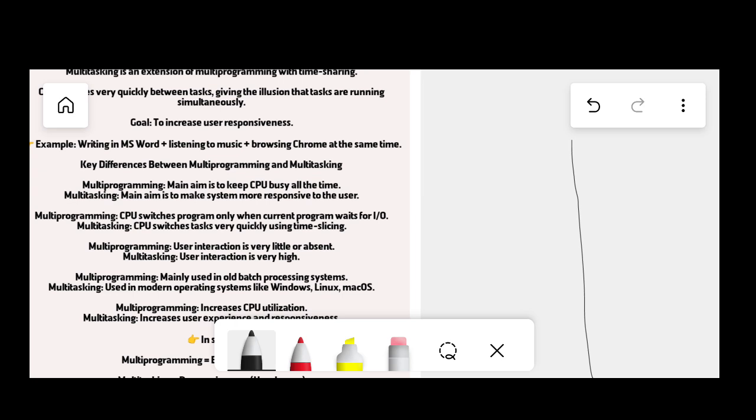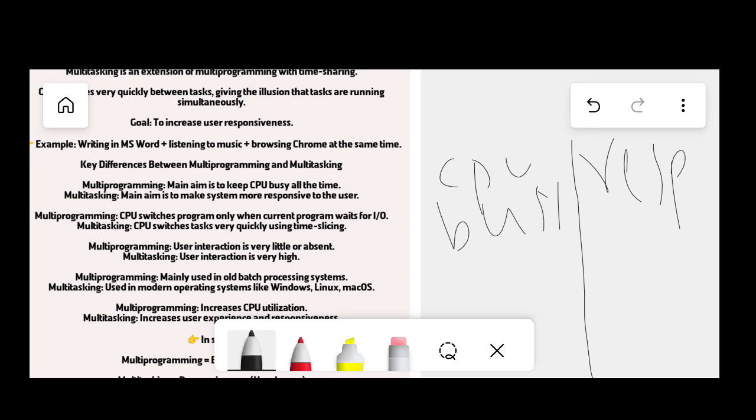First one is multiprogramming keeps the CPU busy, while multitasking makes the system more responsive.